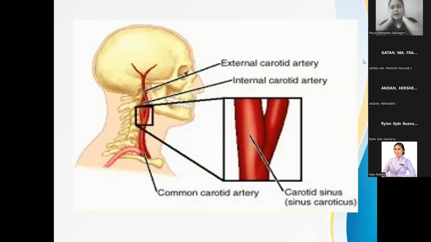I'm not really sure if it is pain or just heaviness in their nape. And that is also the reason why you really have to protect your neck, because if you slash that part, you will surely die. Again, there is our carotid artery, there is the postural baroreflex that will regulate our blood pressure.